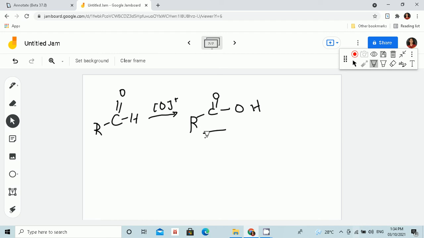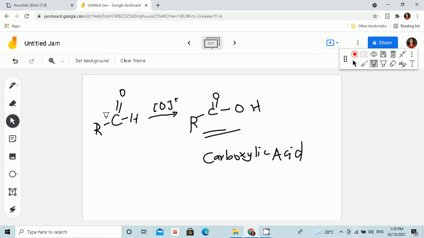This one is our carboxylic acid. So we know that a carboxylic acid is formed from an oxidation of our aldehyde.